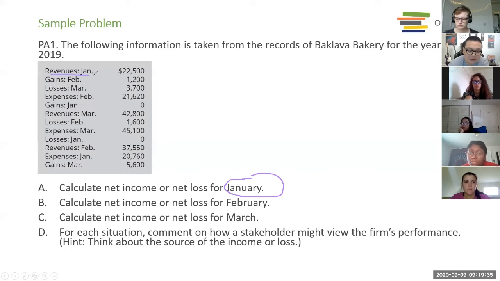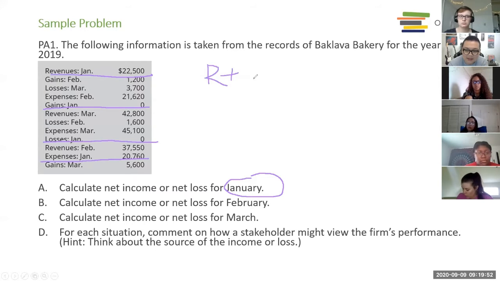You need to find the revenue of January, the gains of January, the loss of January, and the expense of January. Once you know that, we use revenue plus any gain minus any loss and minus any expense, and we can get the net income for January.